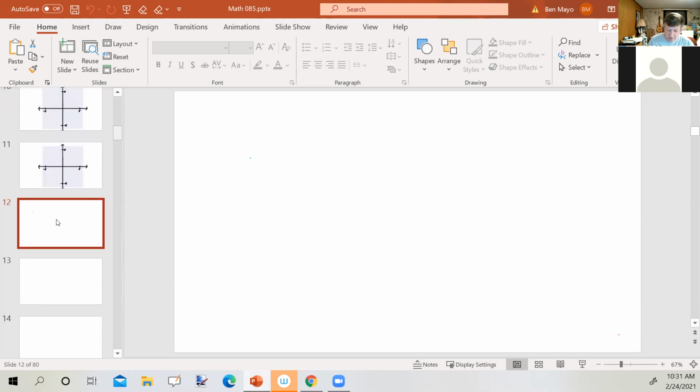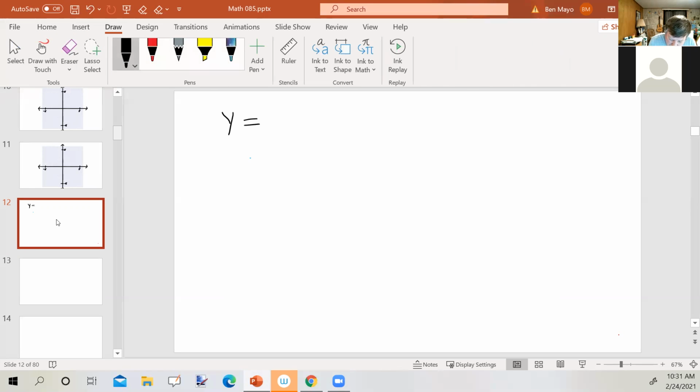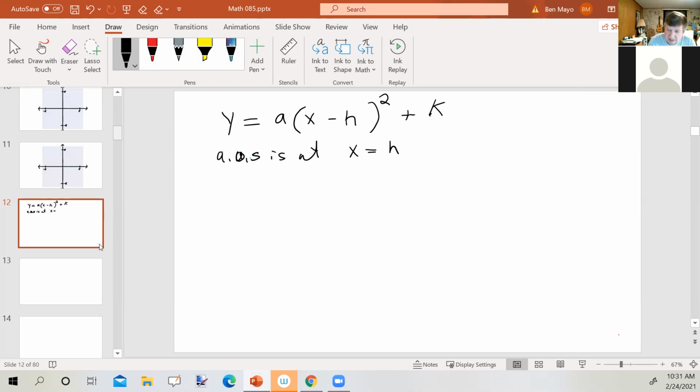All right. So if we have a function in the form y equals a times the quantity x minus h squared plus k, the following things are true. The axis of symmetry is at x equals h.